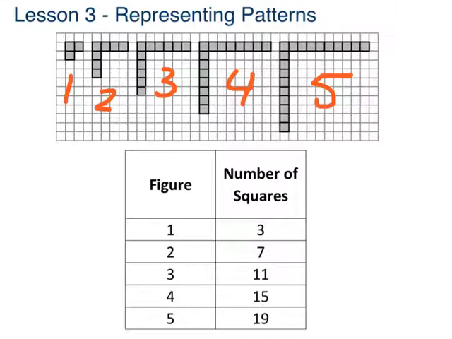So now think about, how does this pattern grow? How does it change? How do we get from 3 squares to 7, from 7 to 11, from 11 to 15, from 15 to 19? So pause the video and think about that for a moment.